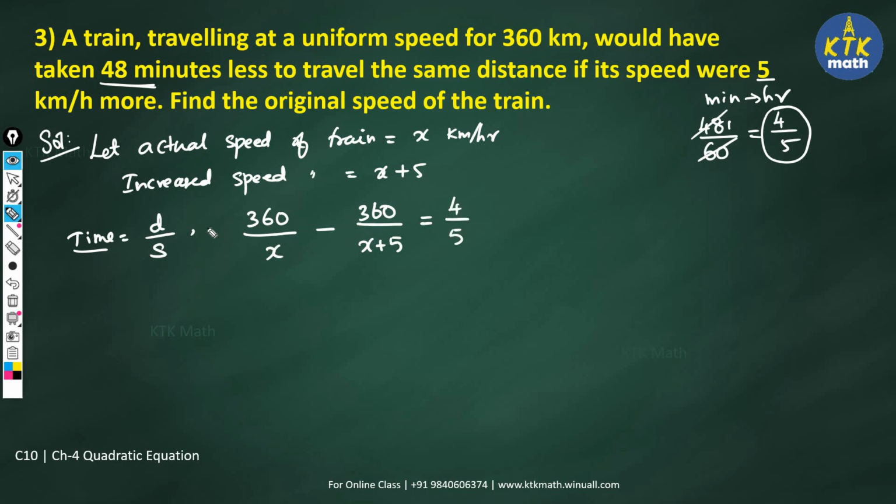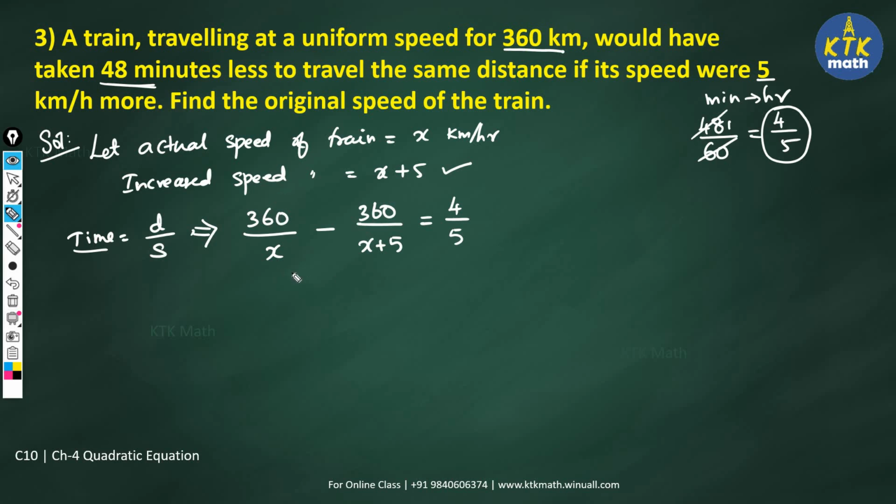Try to understand this step. 360 over x is the time at the actual speed, and 360 over x plus 5 is the time at the increased speed. Increasing the speed means they are going to save some time. So 360 over x minus 360 over x plus 5 is equal to 4 over 5.